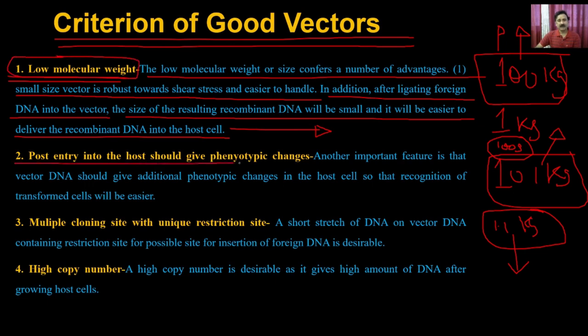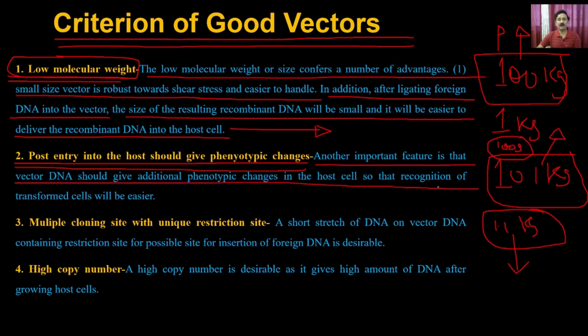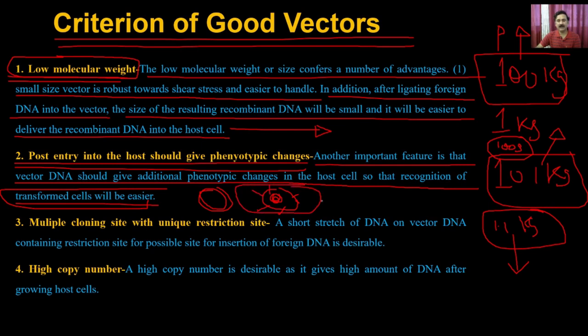The second, which is very important, is that once the vector enters the host, for example bacteria, yeast or mammalian cells, it should give some kind of phenotypic change. The vector DNA should give additional phenotypic changes in the host cell so that the recognition of the transformed cell will be easier. Which means if this is the untransformed cell and this is the cell which actually got the vector, it should have some kind of phenotypic change, so that just by looking at the cell, or at the appearance of a colony, or by employing some screening criteria, you can tell.